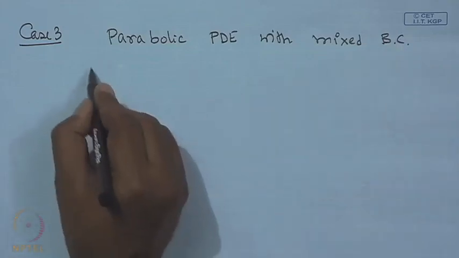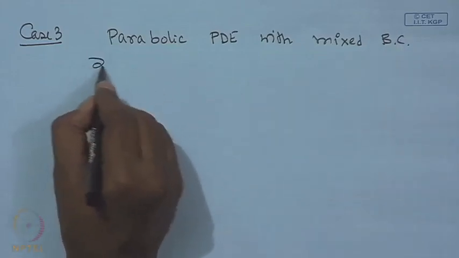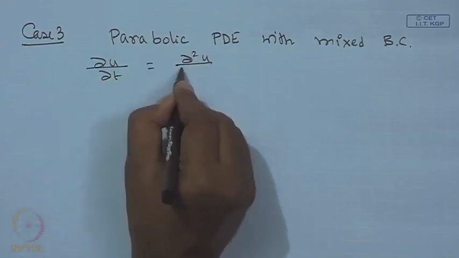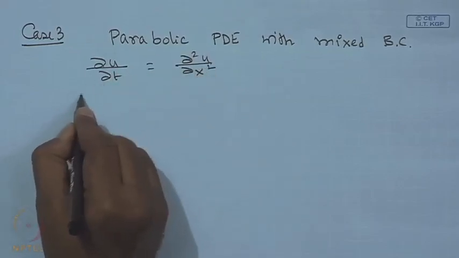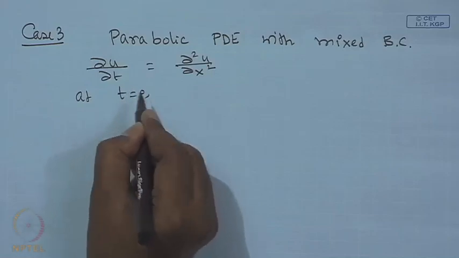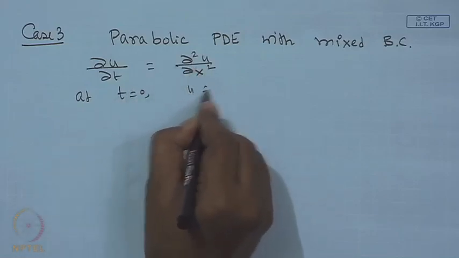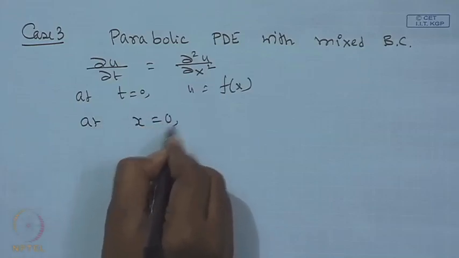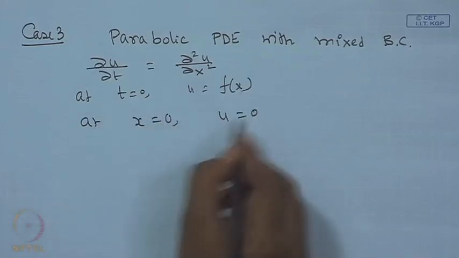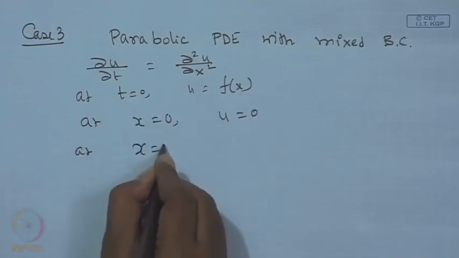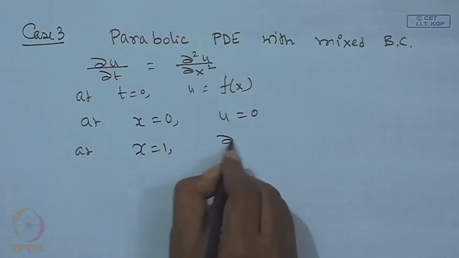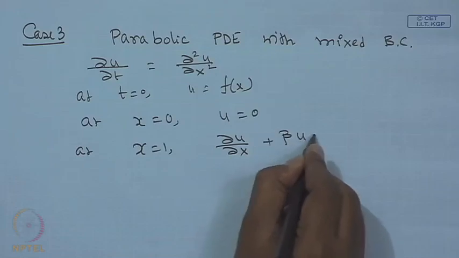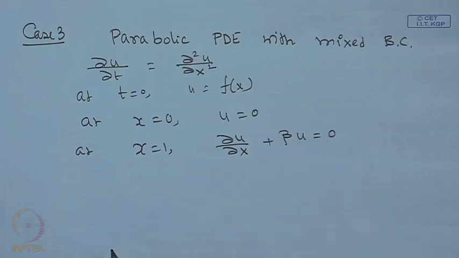If you do that, the problem is something like this: del u del t is equal to del square u del x square, subject to at t equal to 0, u is equal to f of x; at x equal to 0, you have u equal to 0; at x equal to 1, you have del u del x plus beta u equal to 0.